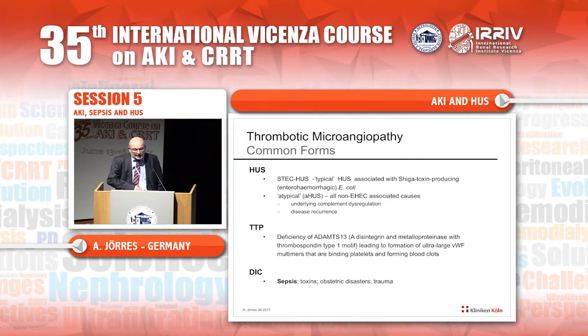In terms of HUS, we differentiate between the STEC HUS, which is caused by Shiga toxin-producing enterohemorrhagic E. coli bacteria, and it's important to differentiate this from the atypical HUS, which summarizes basically all the non-EHEC associated causes.